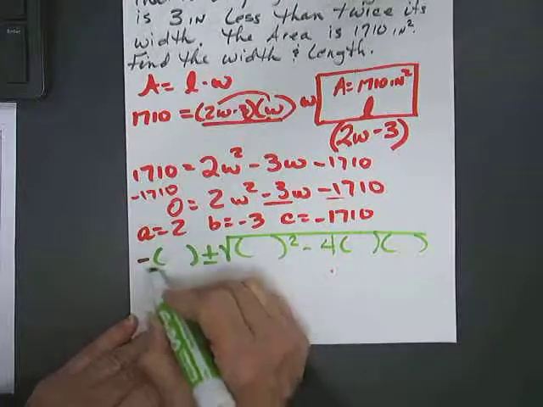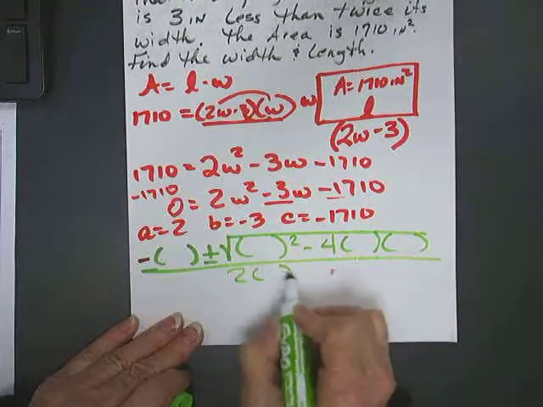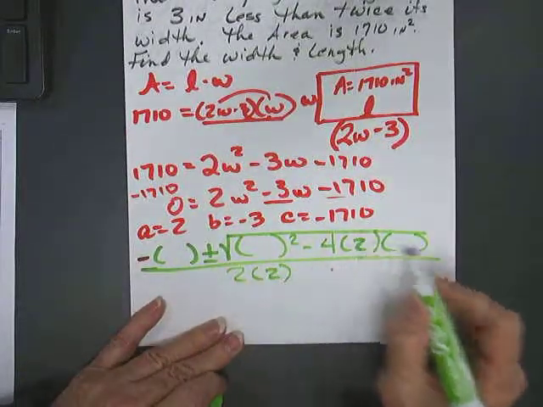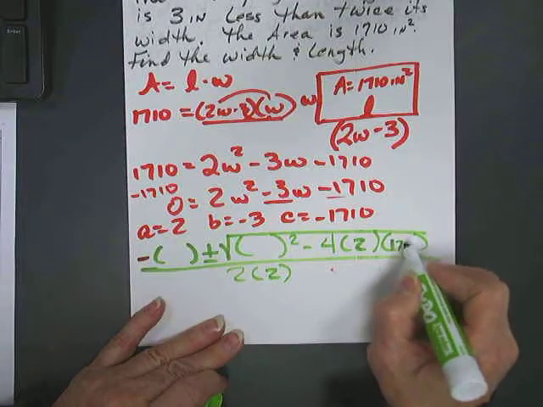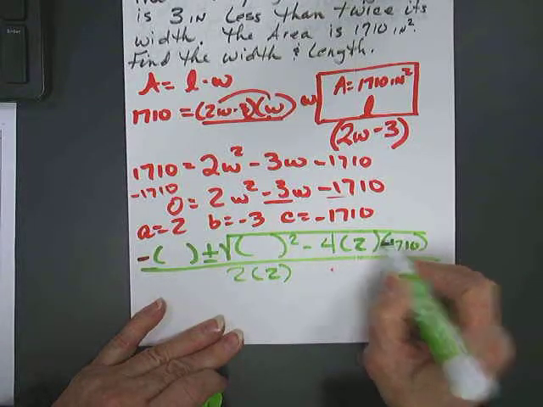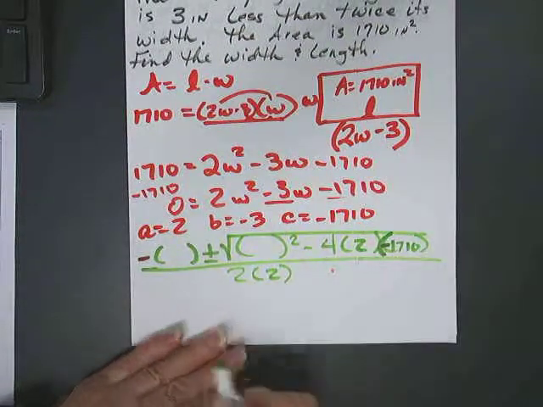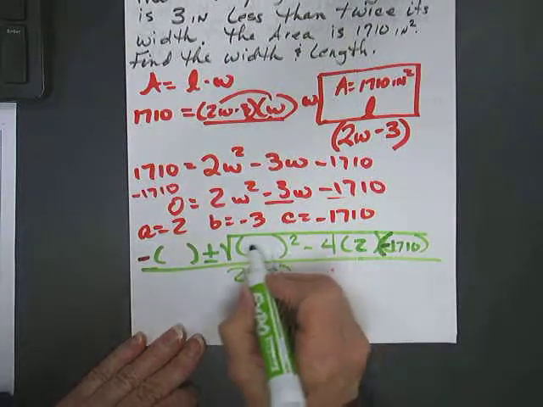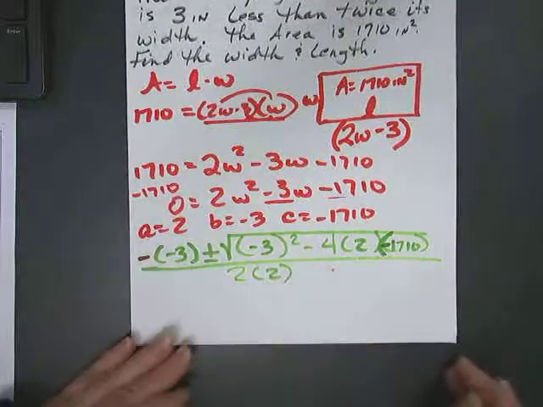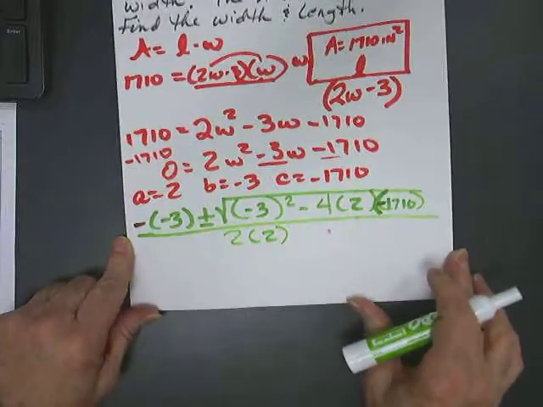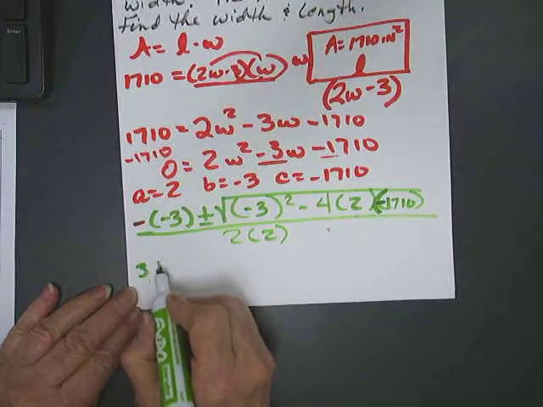Negative B plus or minus the square root of B squared minus 4AC, over 2A. A is 2, C is negative 1710. If you didn't have the negative, you'd be in trouble because you'd be subtracting a lot. B is -3.